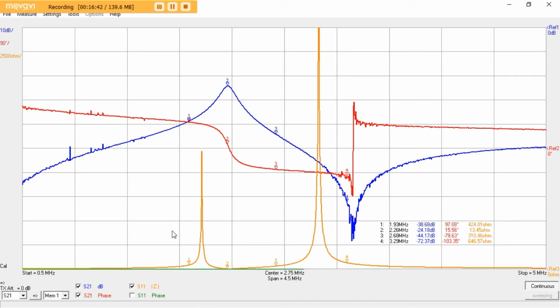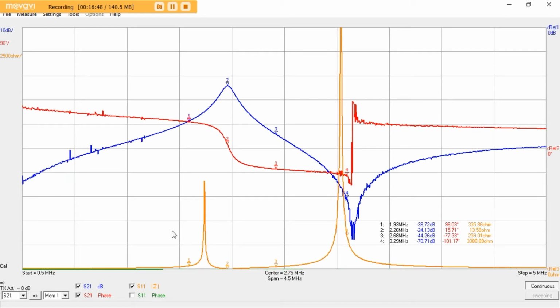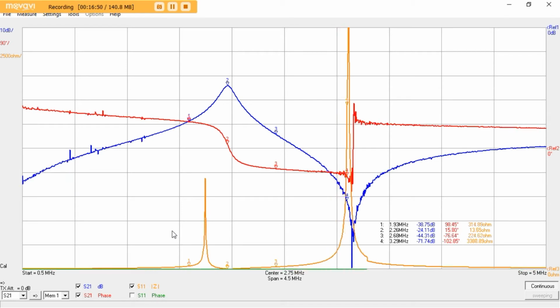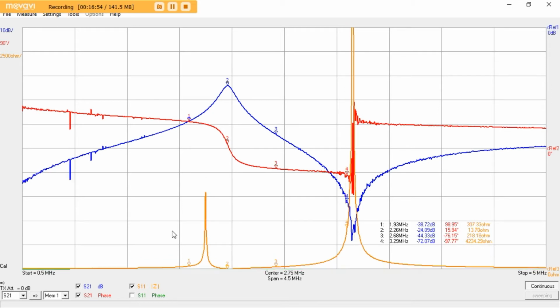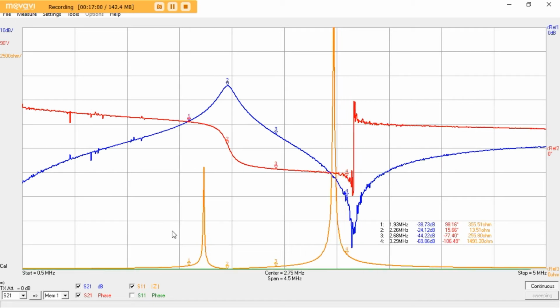Just go back there a sec, when the primary parallel mode and that parallel point there, there's a point where they coincide.